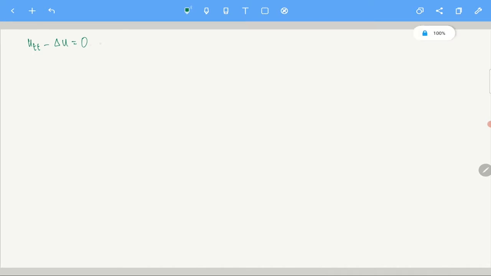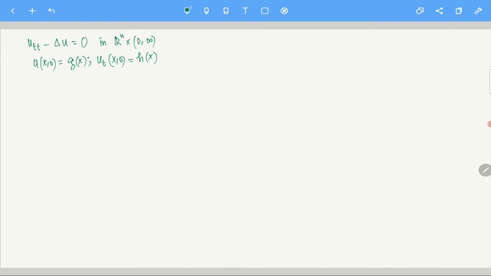So here this is the problem we are interested in. This is in R^n cross (0, infinity), and we are assuming that u at the point x, 0 is, let's say, g of x, and u_t at the point x, 0 is, let's say, h of x. Clear? So basically at the base time t equals 0, we are assuming that u is g and u with respect to t is h.